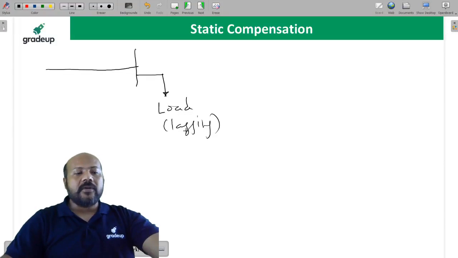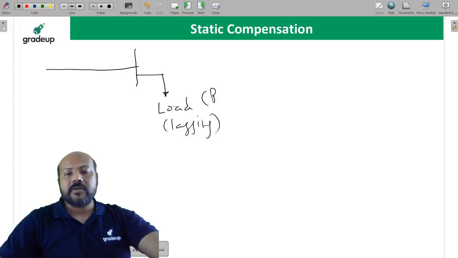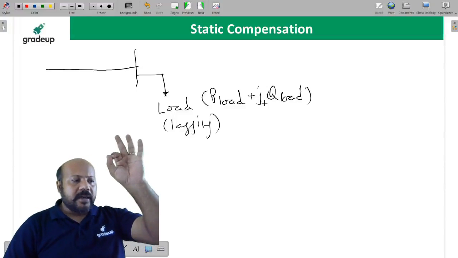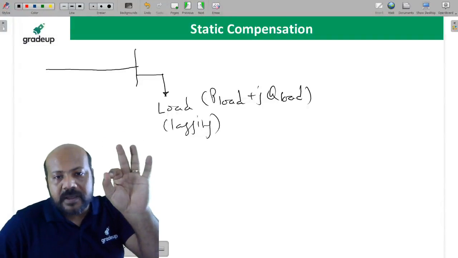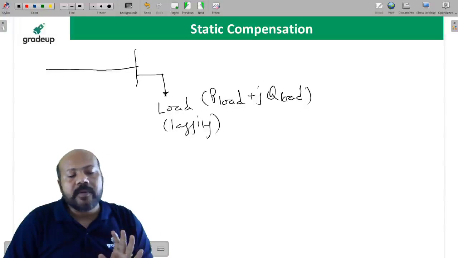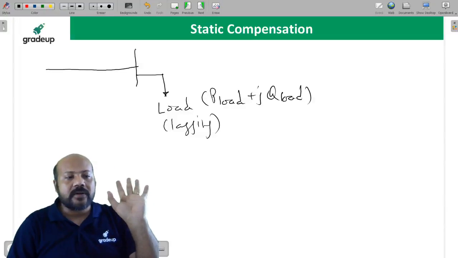Lagging load means it consumes reactive power, so this is going to be P load plus jQ load. Just listen for 1 or 2 minutes and you will understand the concept. This problem is going to be a cakewalk for you for all your professional life. Very important.